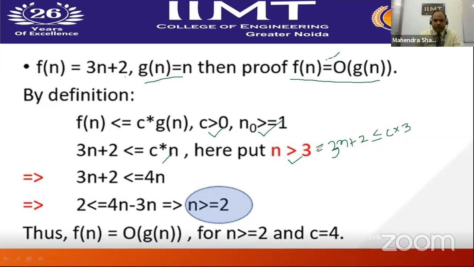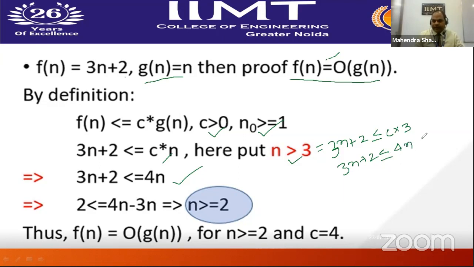Let's see whether 3n plus 2 is less than or equal to 4n.